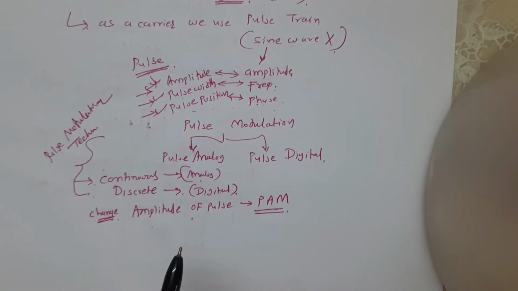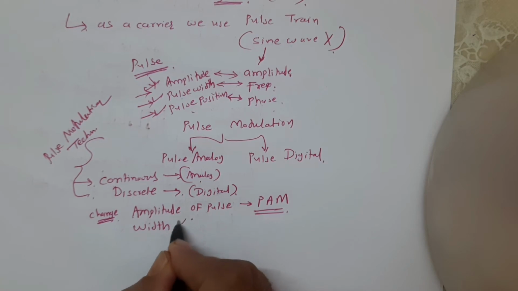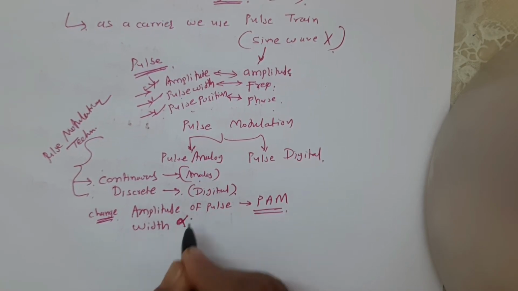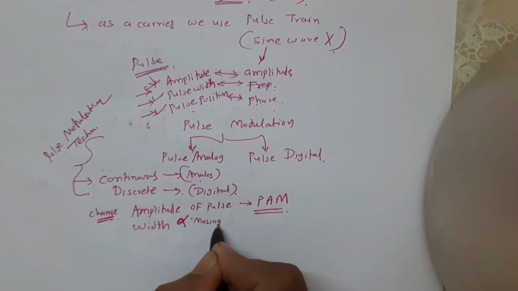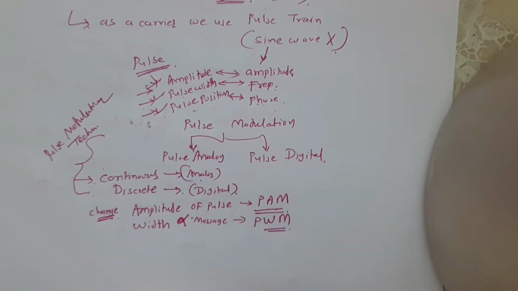Alternatively, if the width of the pulse is made directly proportional to the message, then it is pulse width modulation, PWM.